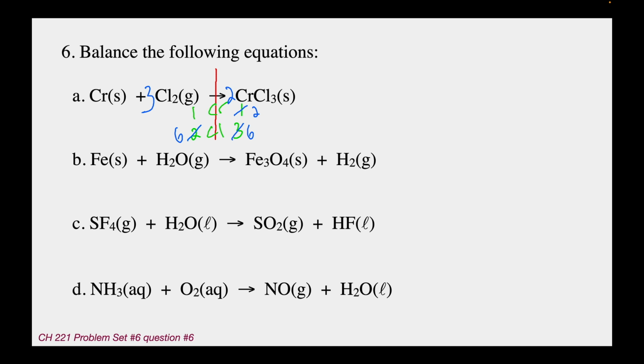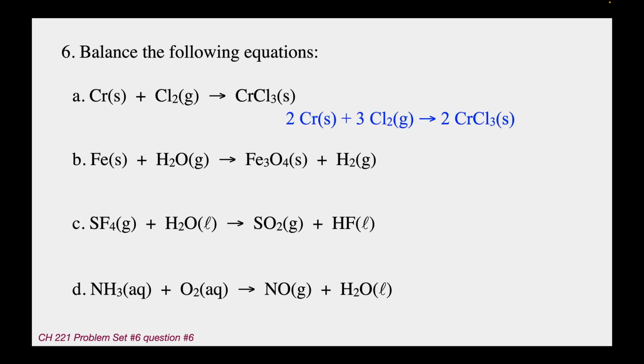No problem. We can put a big number in front of chromium, and it will only change the chromium, which is kind of cool. So let's write a big 2 right there, and that will let everything be balanced. Now you can see there's 2 chromiums on the left and the right side, and 6 chlorines on the left and the right side, which is pretty cool.